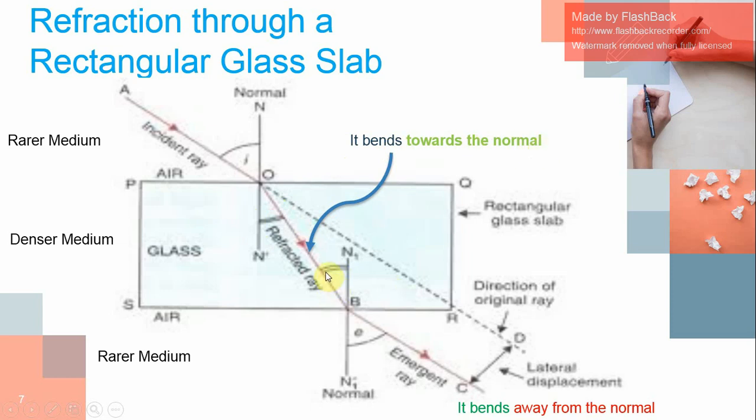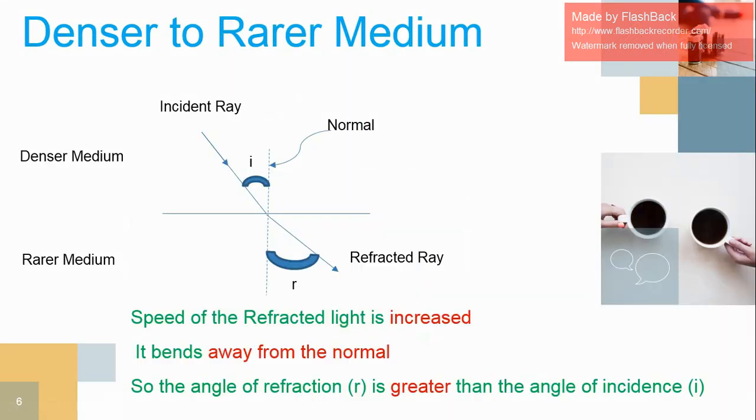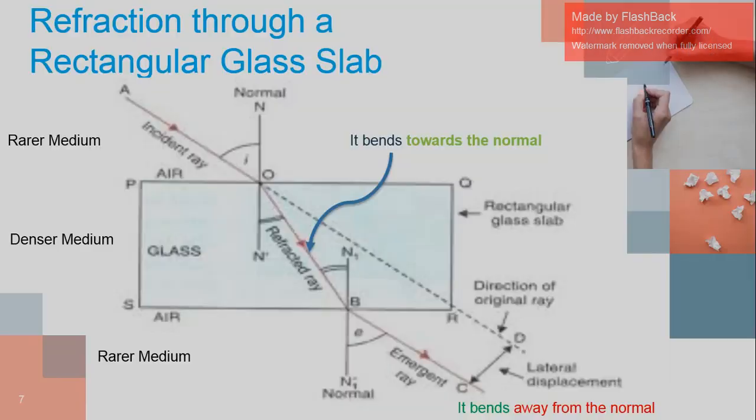Then light traveling from denser to rarer, what happens? The speed of light is increased, as already discussed in the previous concept.